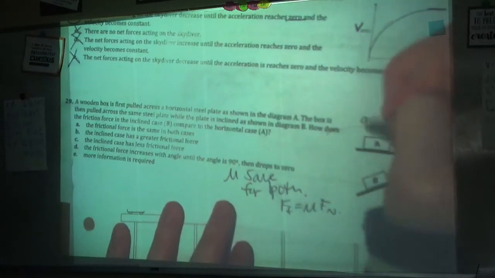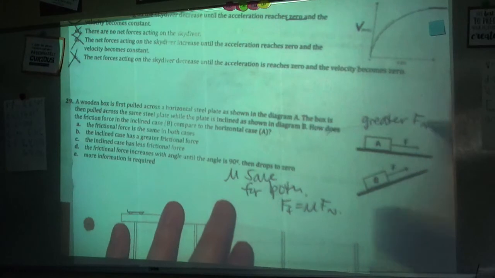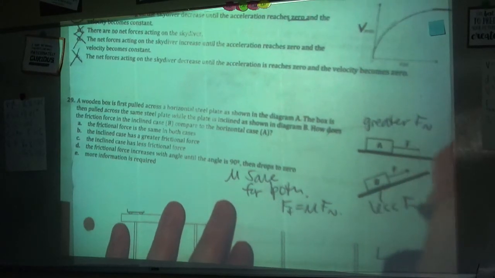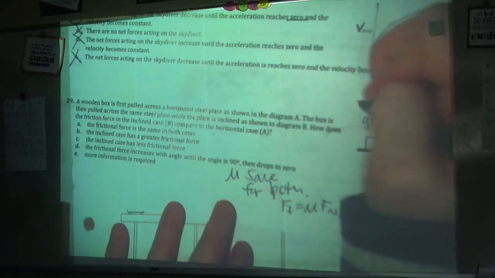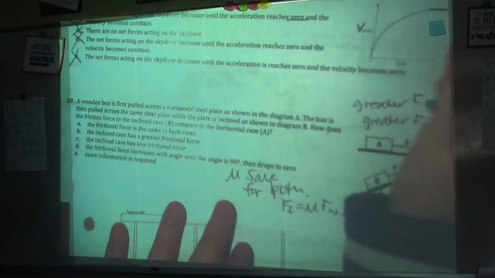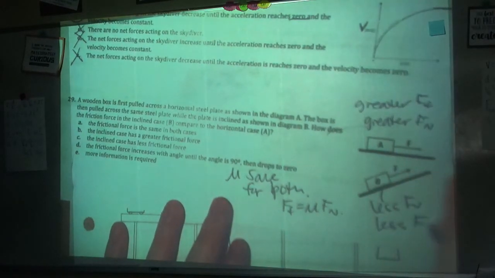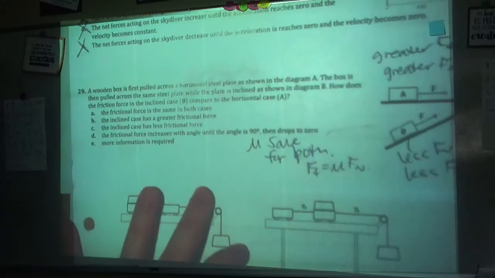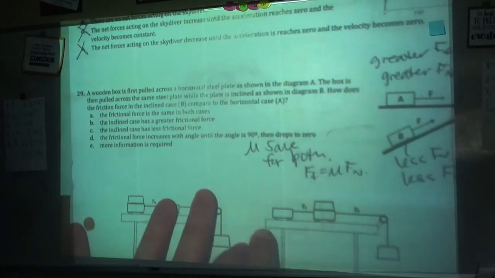So this one has a greater Fn, this one has a lesser Fn. And if they have the same mu but a greater Fn, that means this one has a greater friction force and this one has less friction force. So the answer is the inclined case has less friction, C.